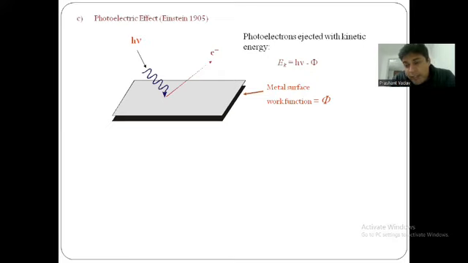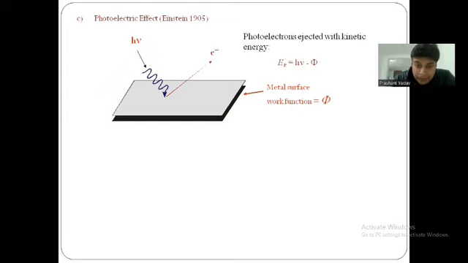A second phenomenon which shows that classical mechanics cannot explain all the phenomena which happen in the universe is the photoelectric effect. What is the photoelectric effect? When a photon of a certain amount of energy h nu is incident on a metal surface, it ejects an electron from that metal.